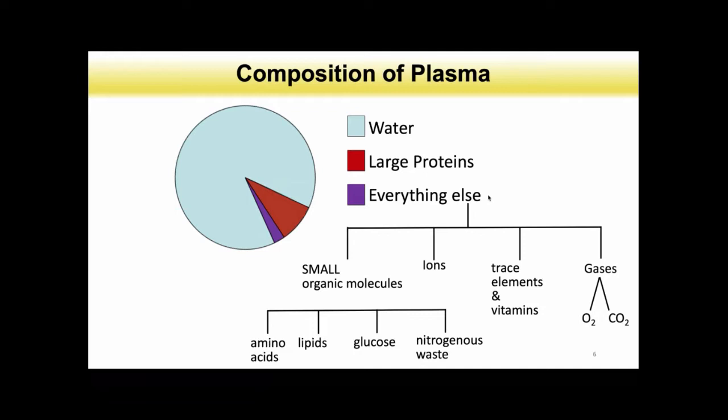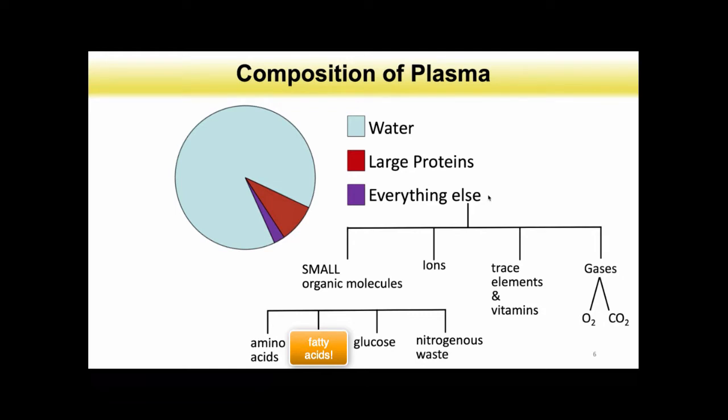Small organic molecules, so amino acids, lipids, really that should say fatty acid, glucose, and then nitrogenous waste. Nitrogenous waste is just a fancy way of saying nitrogen containing waste. Then we've got trace elements and vitamins, right?